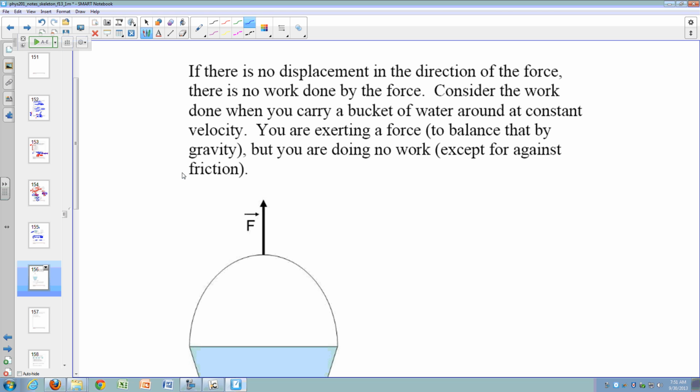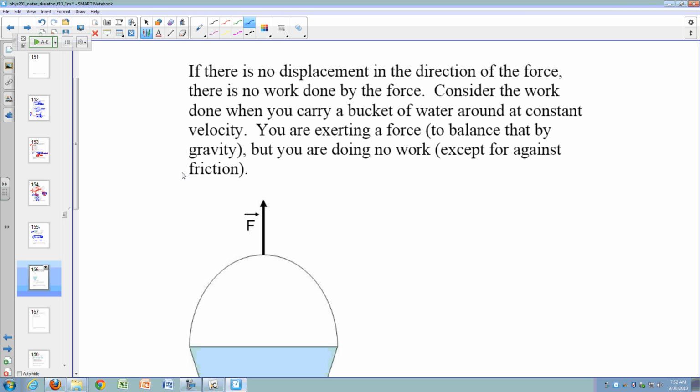So for example, if I do pick up the desk, and then I move around at a constant velocity, this isn't a constant velocity, but imagine if I were moving at a constant velocity, what would the work being done on the desk be? Okay, well, I pick it up, and then I keep it there.